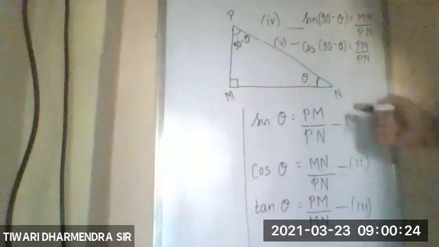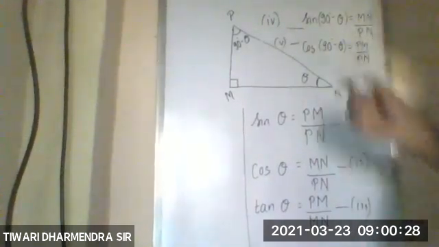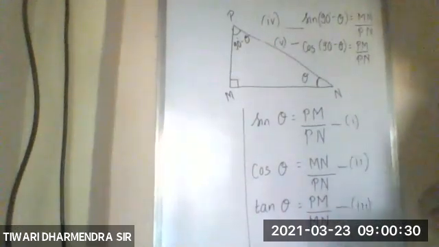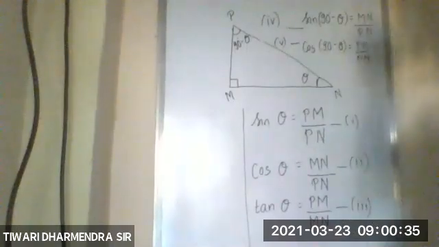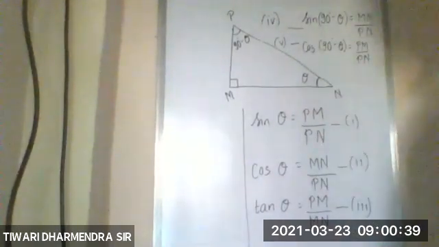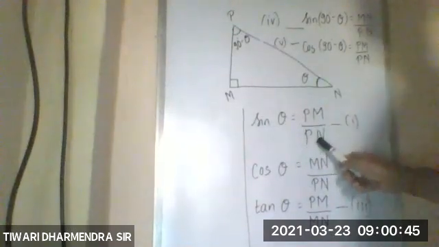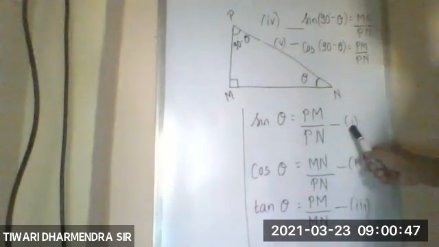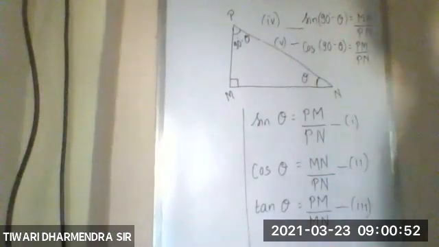What you can conclude or see from equations 1, 2, 3, 4, 5? Is any value equal? Yes, I can see some values are equal. Sine theta, that is Pm upon Pn, that is equation number 1 and equation number 5. Both are equal.